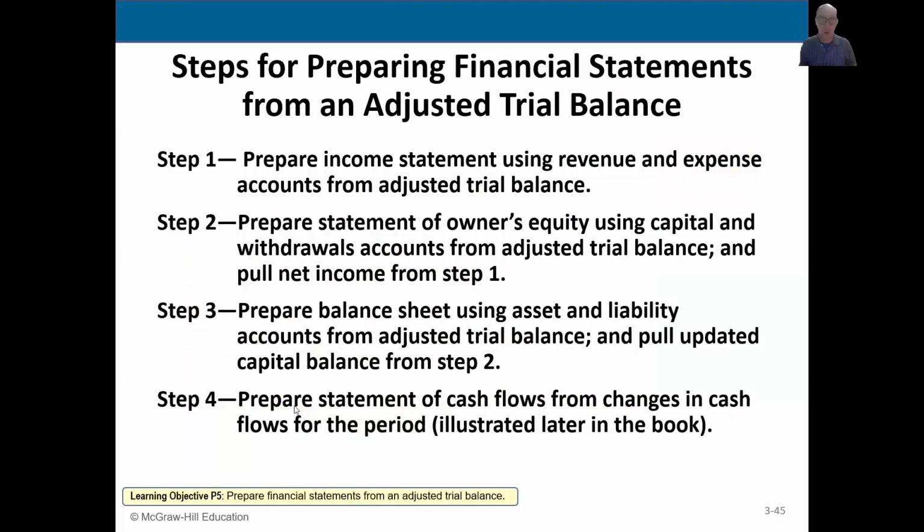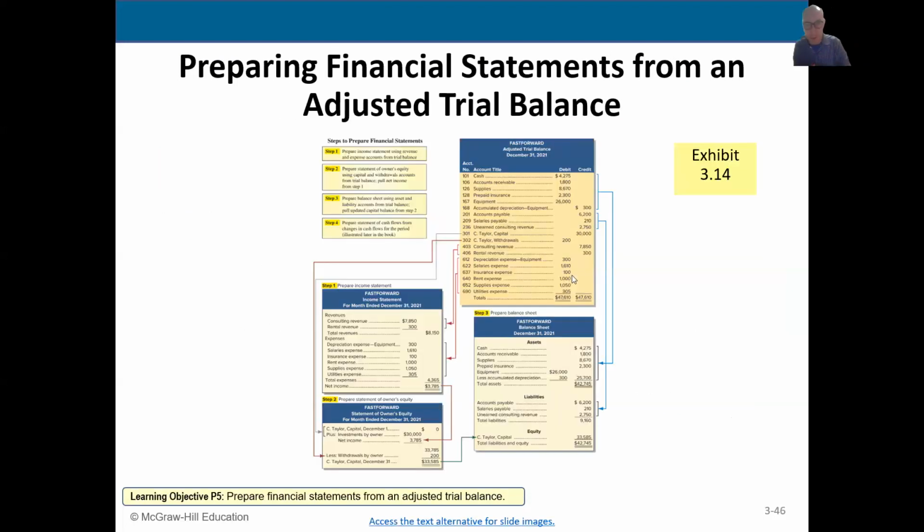So once we've prepared the trial balance, now we can create our income statement, balance sheet, statement of cash flows, and statement of retained earnings. We do that based off of the adjusted trial balance amounts. Step one is prepare the income statement using the adjusted trial balance amounts.